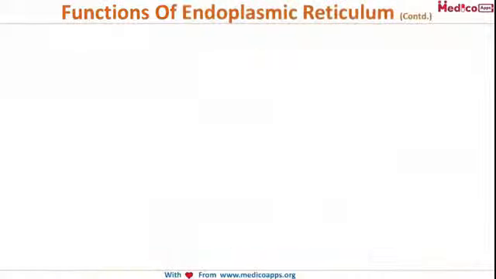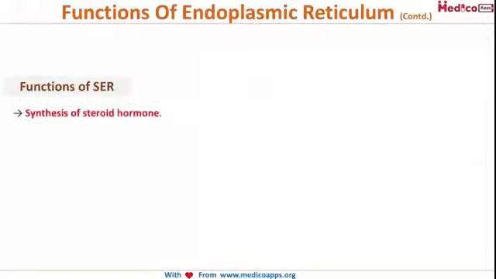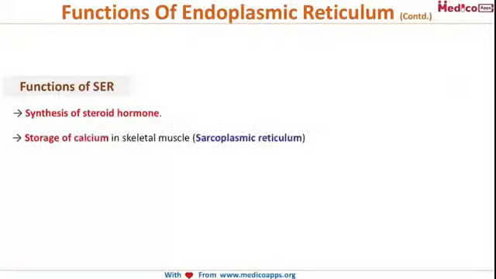Now let's look at the functions of the smooth endoplasmic reticulum. We have seen S is for steroids. So the first one is synthesis of steroid hormone, and then storage of calcium, that is in skeletal muscle. The smooth endoplasmic reticulum of skeletal muscle is known as sarcoplasmic reticulum. Okay, that is the SER of muscle is called sarcoplasmic reticulum, and here its main function is storage of calcium.